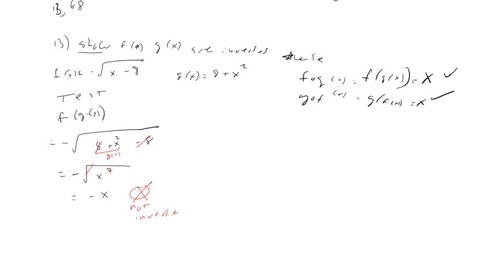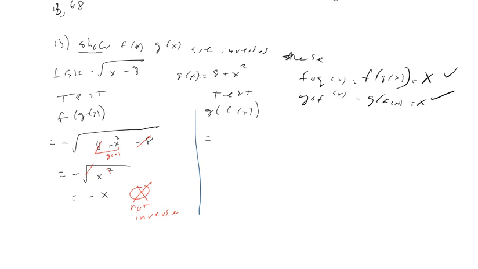Let's just, for posterity's sake, check the other one. Let's do g of f of x, just so we can see the whole picture. We know it's not an inverse, but let's do this part anyway, just to show you how. So I'm going to do my g on the outside, f on the inside.